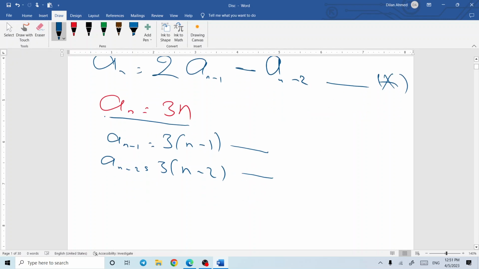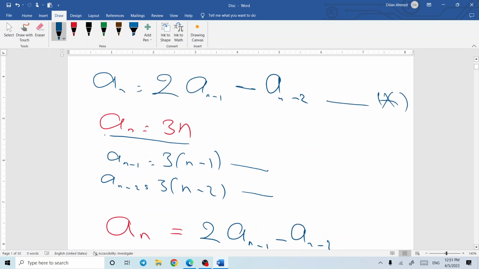So I say an equal to 2an minus 1 minus an minus 2. You know why I changed the color? To understand, I'm starting. I have a left side. This is the given. I'm going to start with the right side after using the given to get 3n. How?